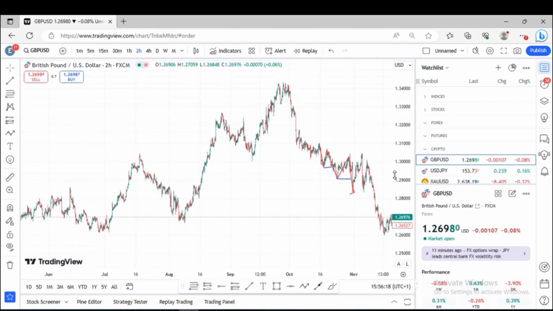So see another example of a downtrend. This one is very thin.